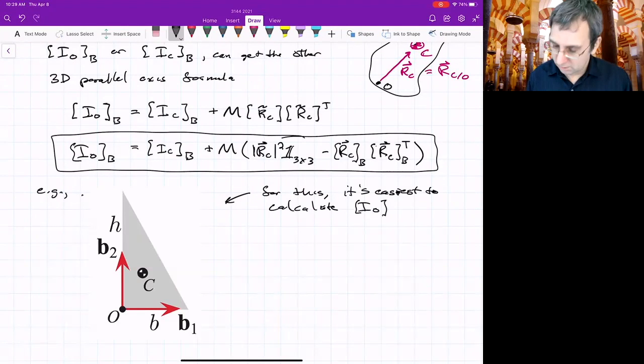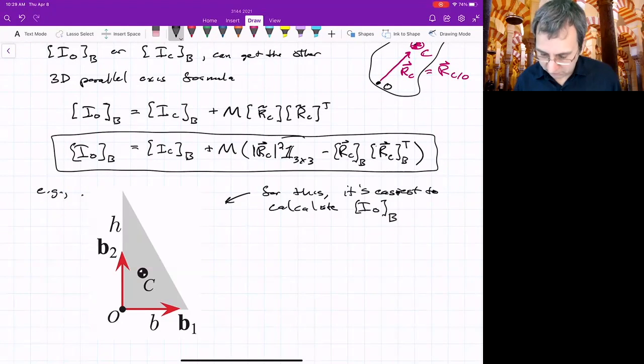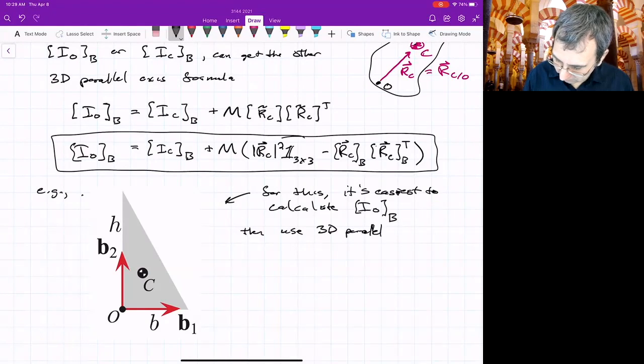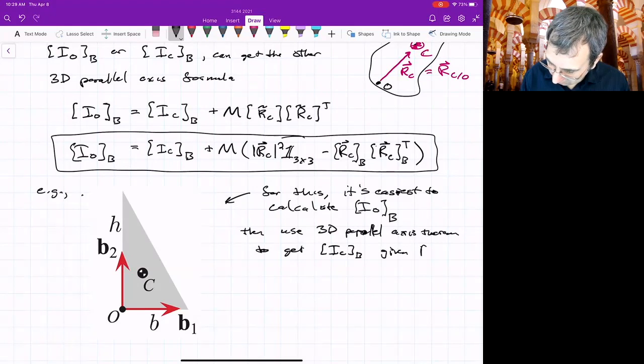That corner with respect to the given body fixed frame. Then use the 3D parallel axis theorem, ICB, given RC. So you'd also need to calculate RC.